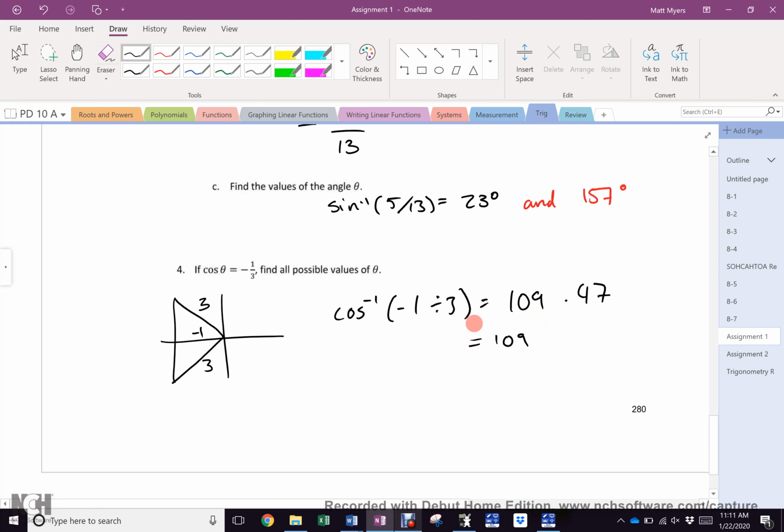So 109 is right there, 109. That makes this 71, which makes this 71, which makes this 180 plus 71, which is 251.